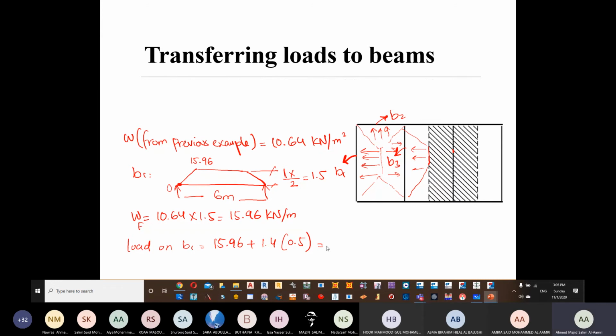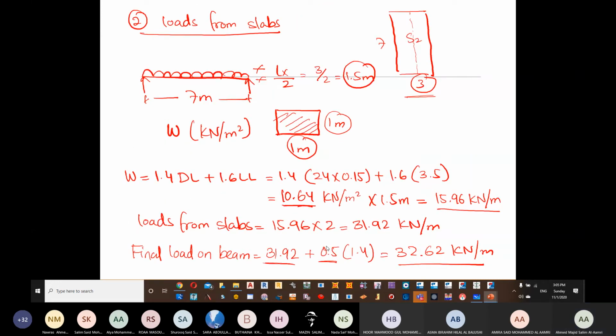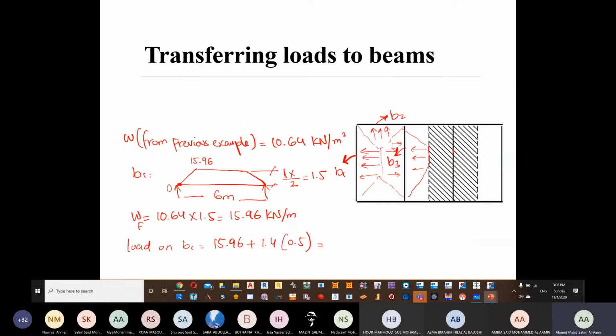You should be getting it exactly as in the same problem. You are going to get 16.66 kilonewton per meter. Are we clear? Is it clear?